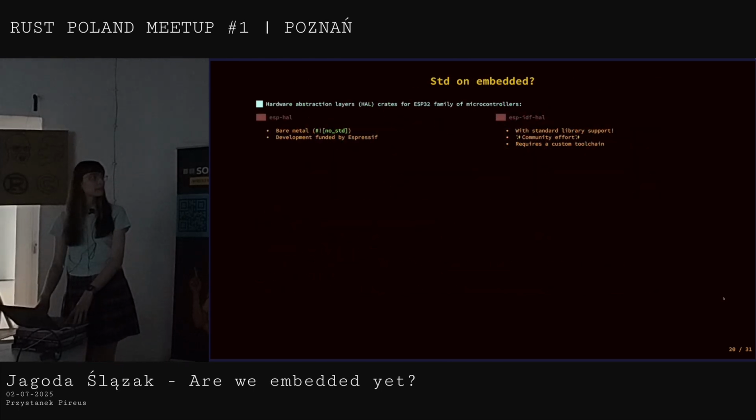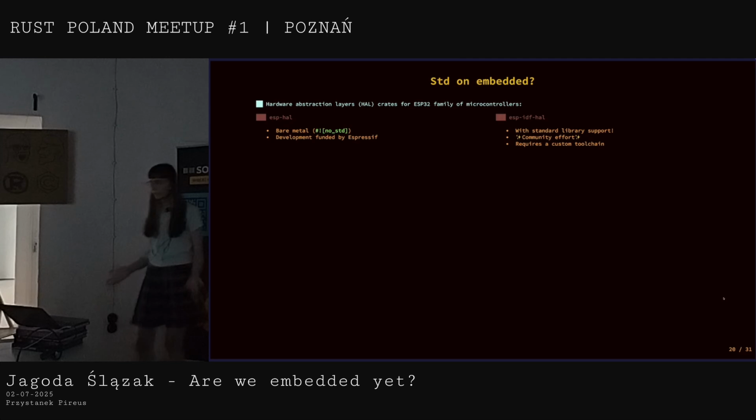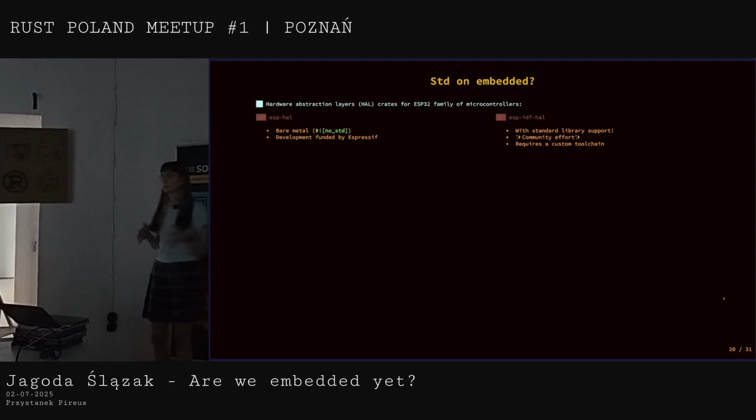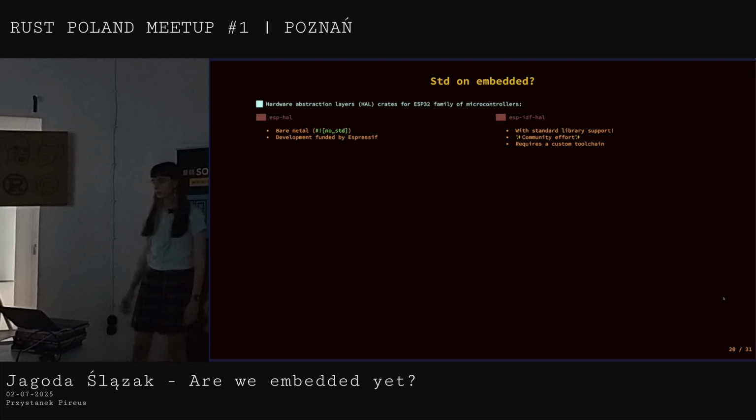And how did I run Ratatui on ESP32 if it requires the standard library? Well, there's a very interesting alternative hardware abstraction layer that is a community effort for ESP32. You have to install a custom toolchain, so it basically is a fork of Rust, but it allows you to use the standard library on ESP32, which is really crazy.